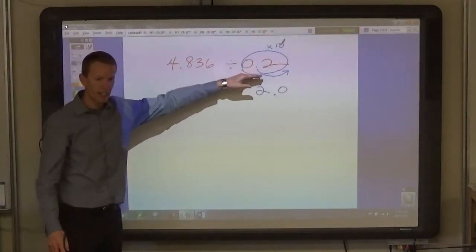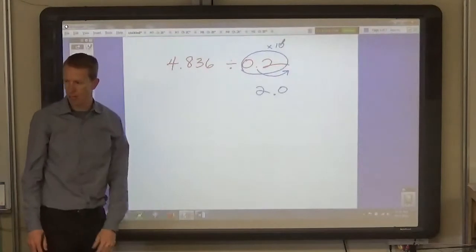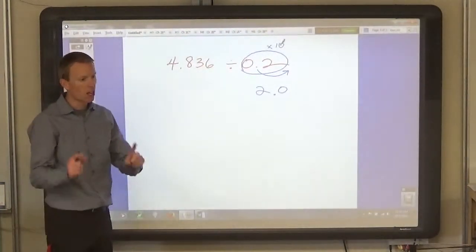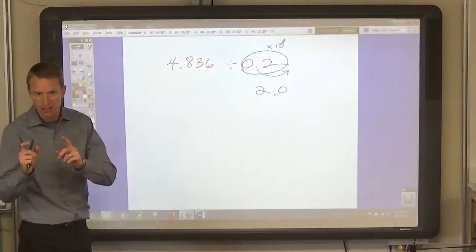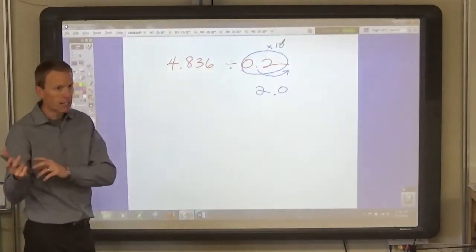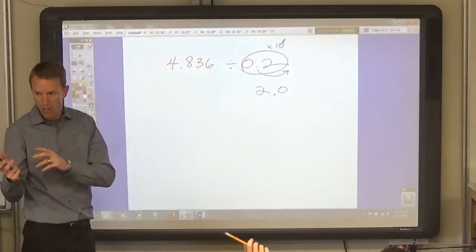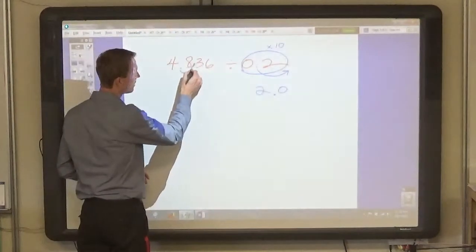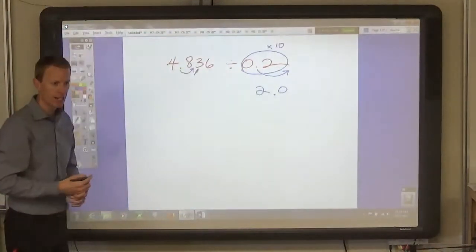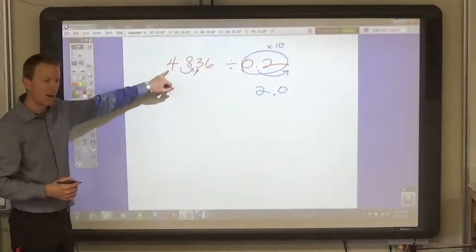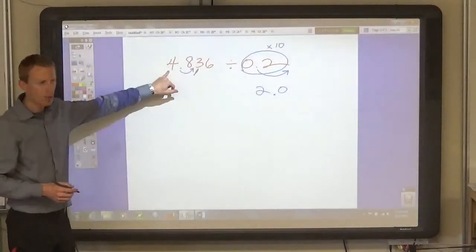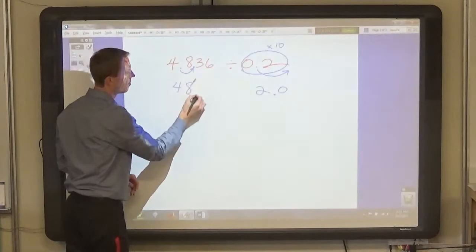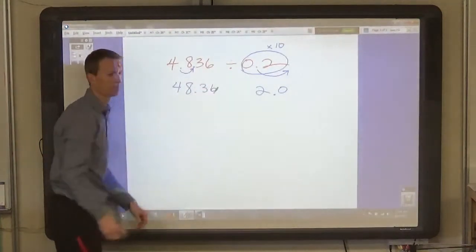Going from 16 to 160 is 10 times bigger. Going from 8 to 80 is 10 times bigger. And as long as we do that to both numbers, class, you'll get the same answer, right? I showed you that pattern. It gets the same answer. But we have to do that same thing with the dividend. So rewrite this number with the decimal point in the new place. 48.36.